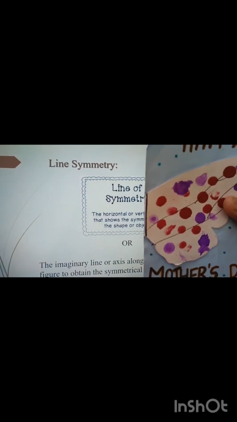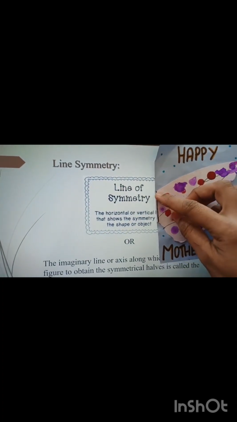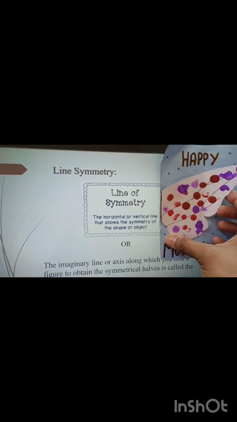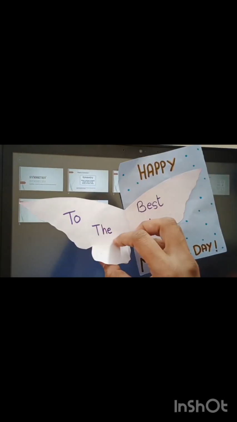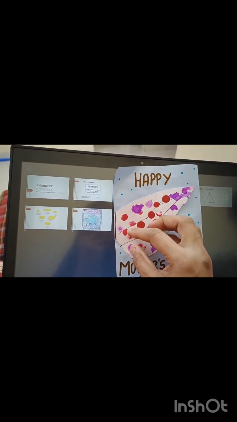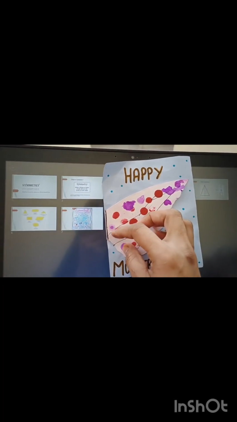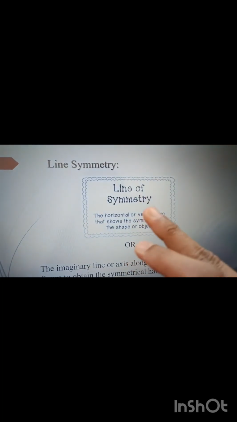Here on this card, can you see the line from which this butterfly is getting folded? See, this line is nothing but a line of symmetry. This is called a line of symmetry.